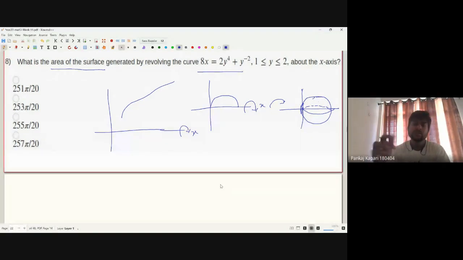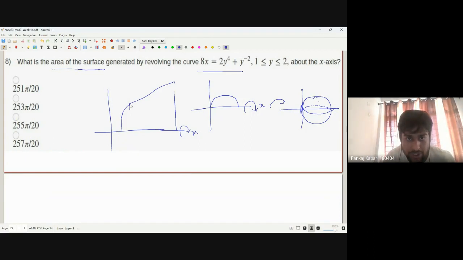So what can we do? We can again take a partition of our interval, and we consider this small strip between 2 points. This inside part is not there. We are considering just a small portion of our curve, this particular arc.